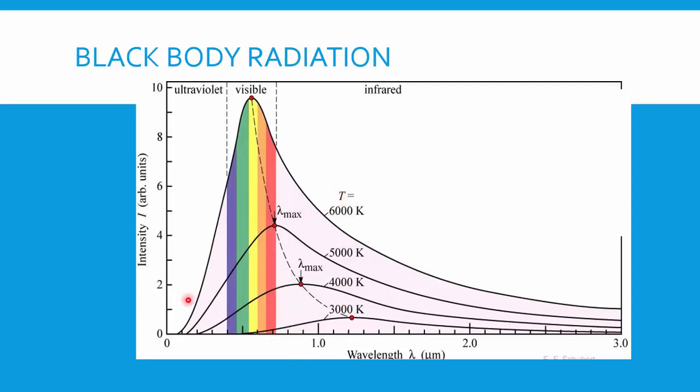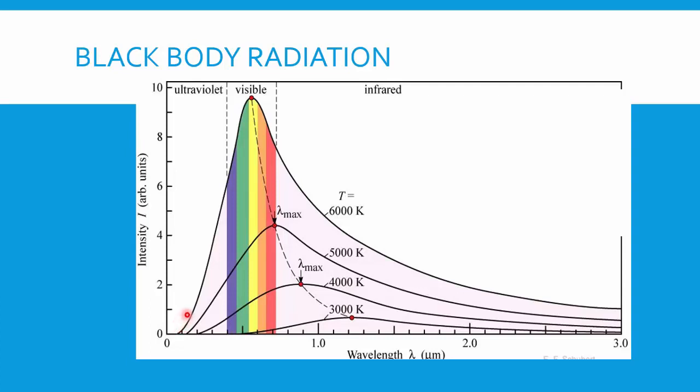Physicists tried to explain this with the available physics. They used thermodynamics, whatever physics was known to them, but they could not explain the entire curve. Two well-known groups of scientists came forward and tried to explain. One was Wien.